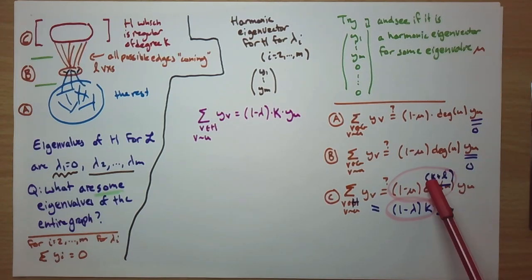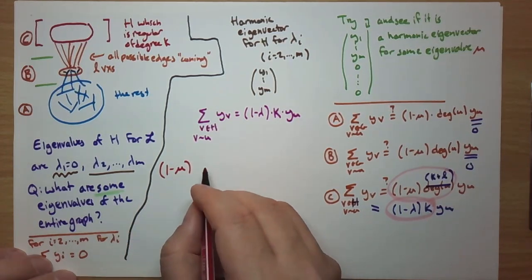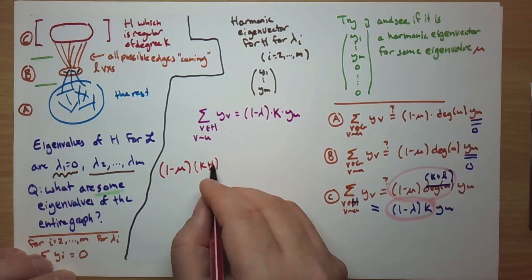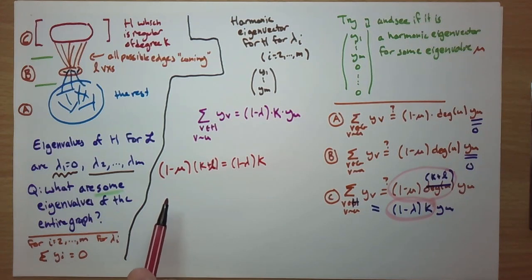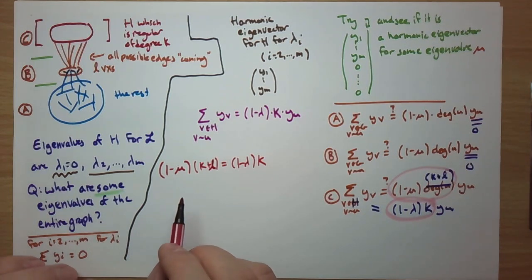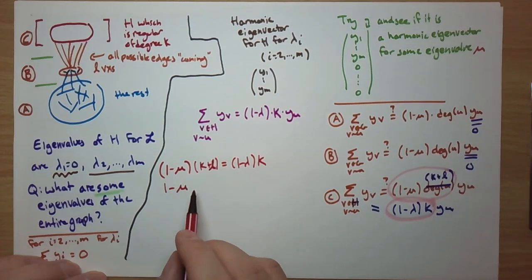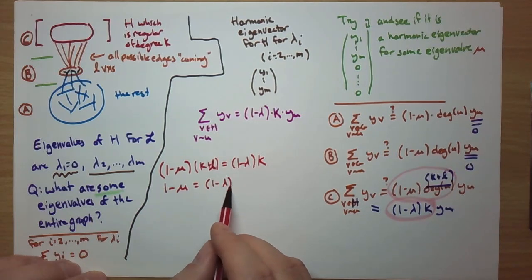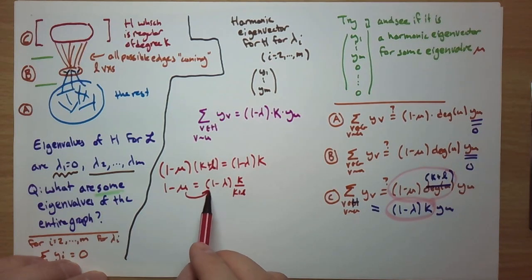Now, remember, k, l, and lambda are all things we know. So the real question is, what's mu? What's our new eigenvalue? So now we just have to say, all right, 1 minus mu times k plus L has to equal 1 minus lambda times k, and solve for mu, and we'll be done. Well, how hard could that be? 1 minus mu, I can just divide by k plus L: 1 minus lambda times k over k plus L, and then we can swap sides.